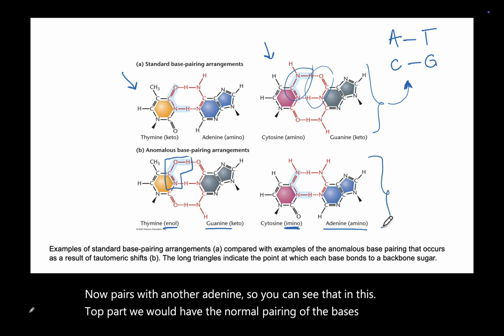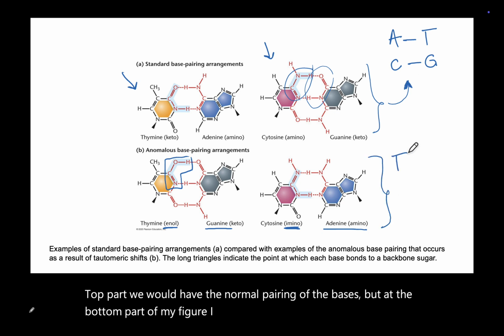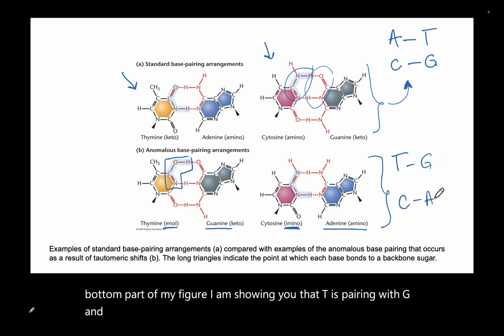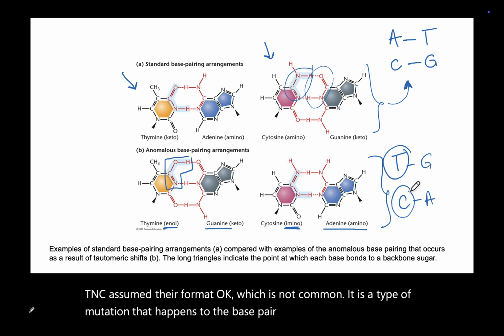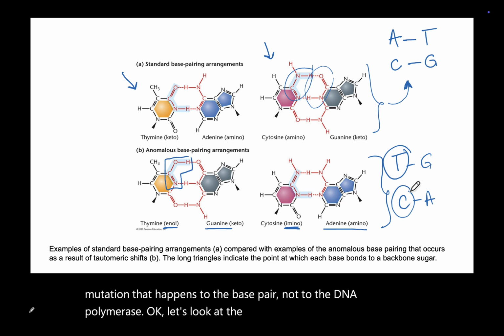But at the bottom part of my figure, I am showing you that T is pairing with G and C is pairing with A. And that happens because T and C assumed their tautomeric form, okay? Which is not common. It is a type of mutation that happens to the base pair, not to the DNA polymerase, okay? Let's look at the effect of this tautomerization on the DNA.